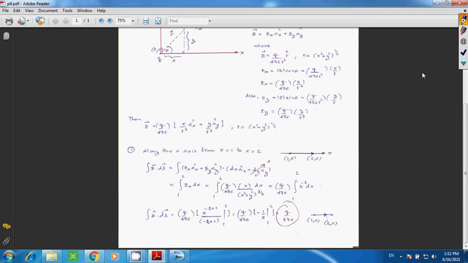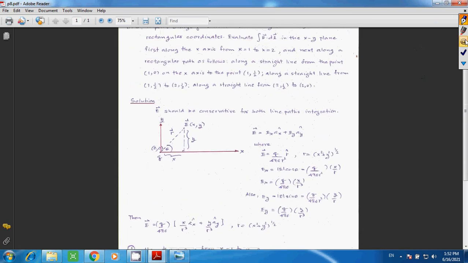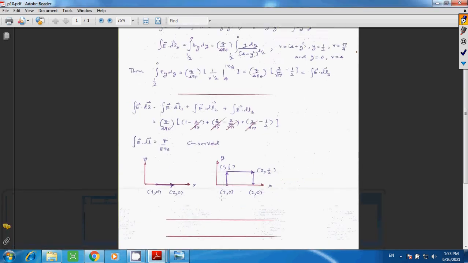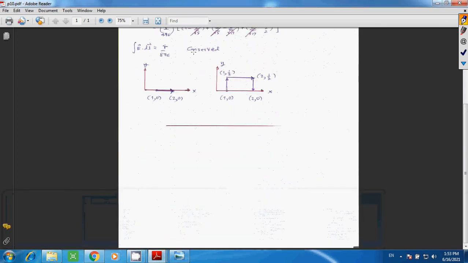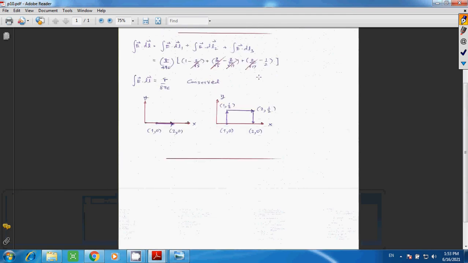So that's why we say that the field is conservative. So in this problem we actually worked out the line integration of E dot dl, which is related directly to the potential difference. We will see examples in the next problems.